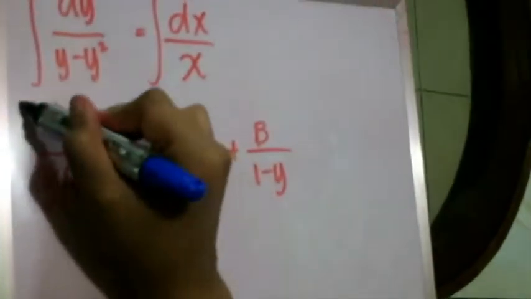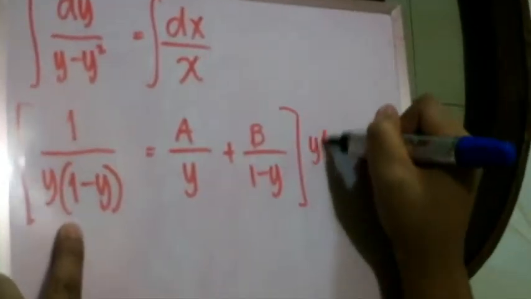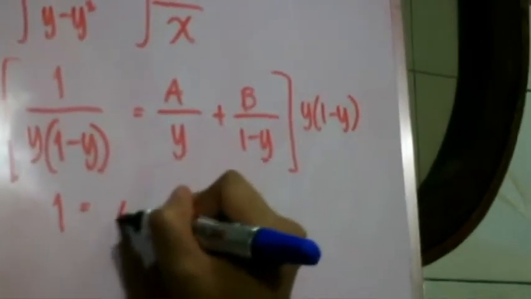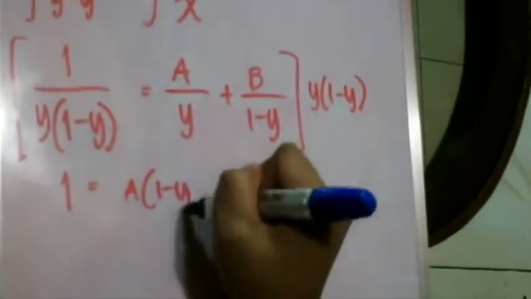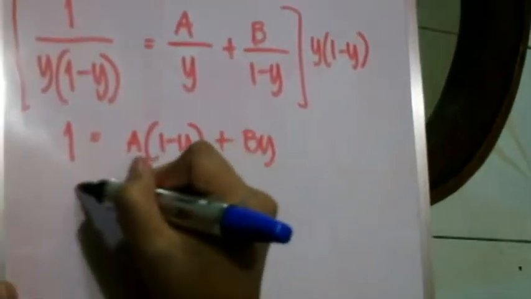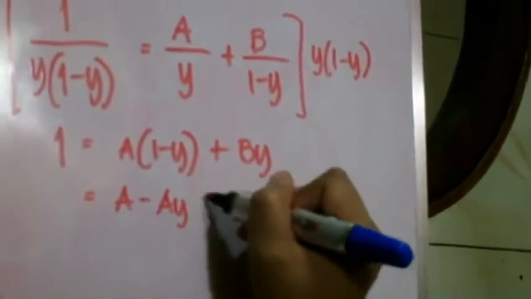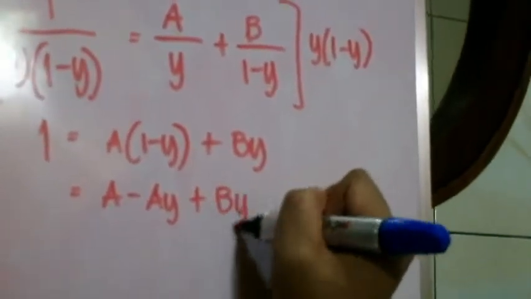So, multiplying both sides by the denominator, y times 1 minus y, we have 1 is equal to a times 1 minus y plus by. We have a minus ay plus by.